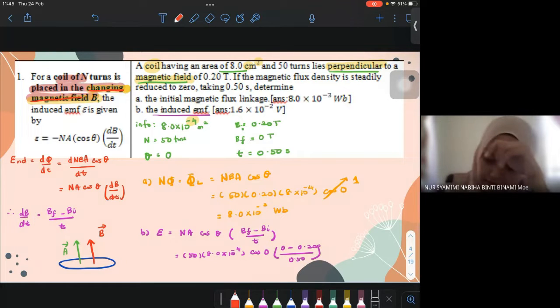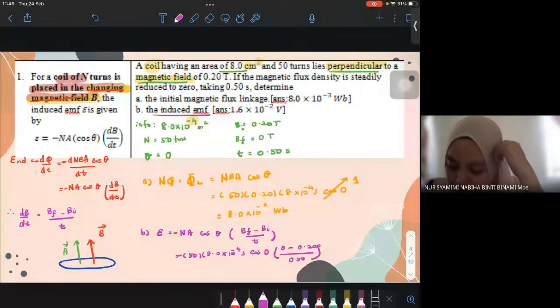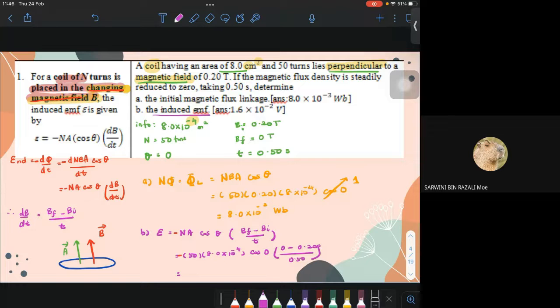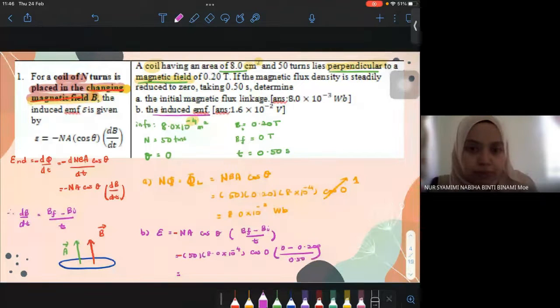Ada satu benda yang saya tertinggal. Saya tertinggal negatif dekat sini. Nilai induced EMF, dua exponential negatif 3.